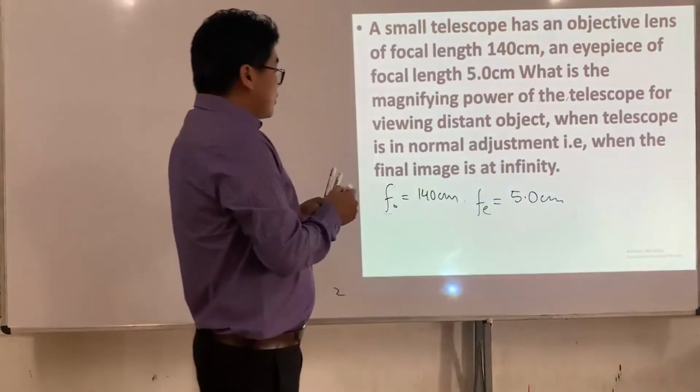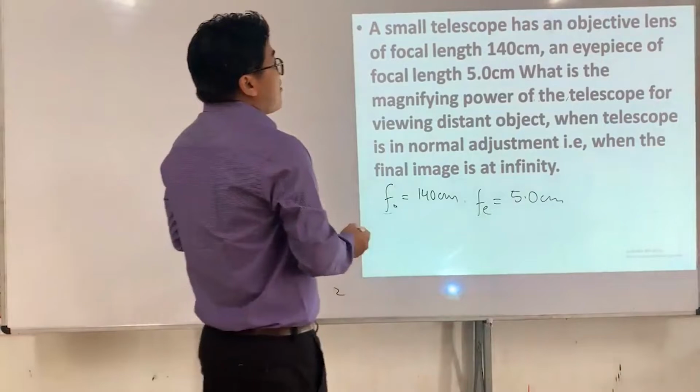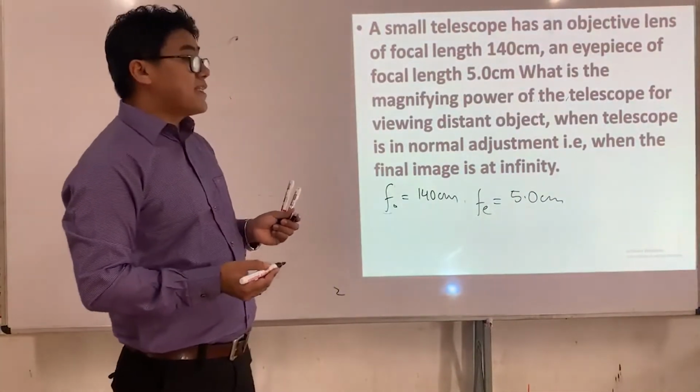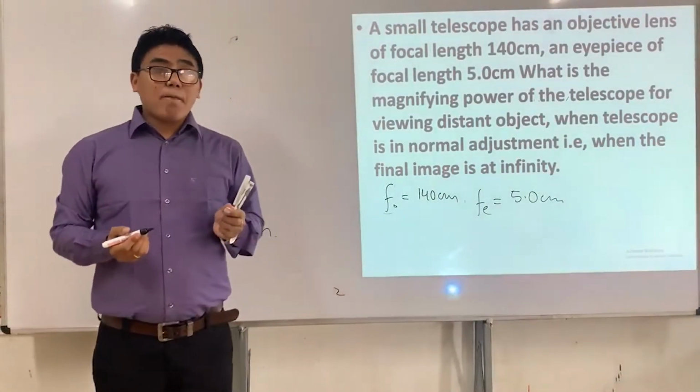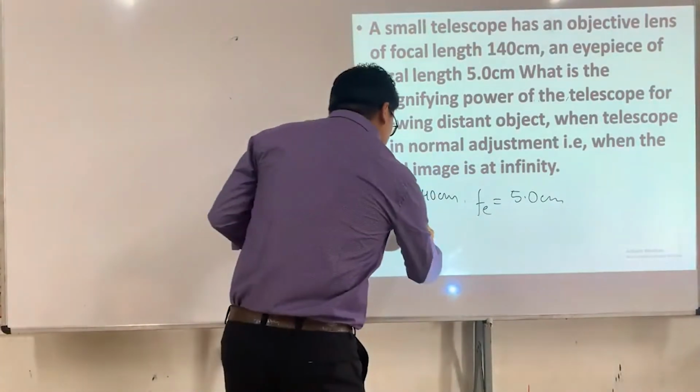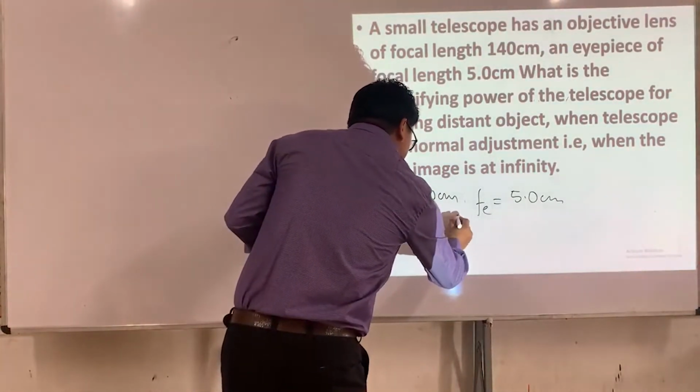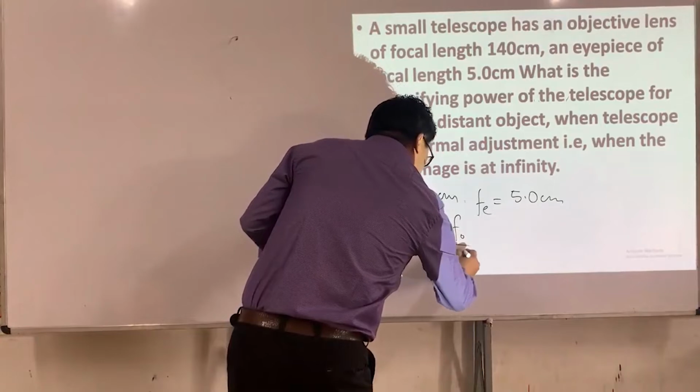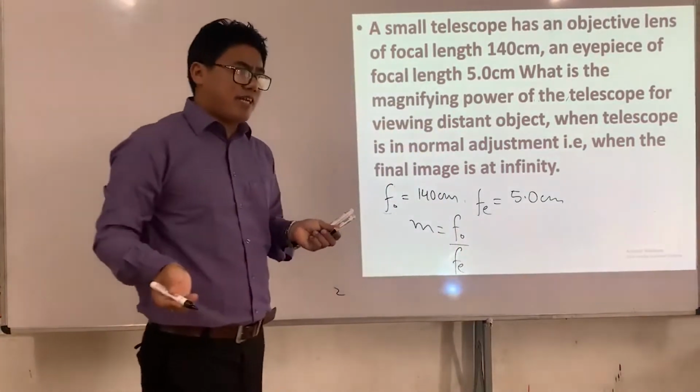So what is magnification? Magnifying power is nothing but magnification. Therefore magnification is going to be f naught divided by f e. This is a simple formula. We have derived it.